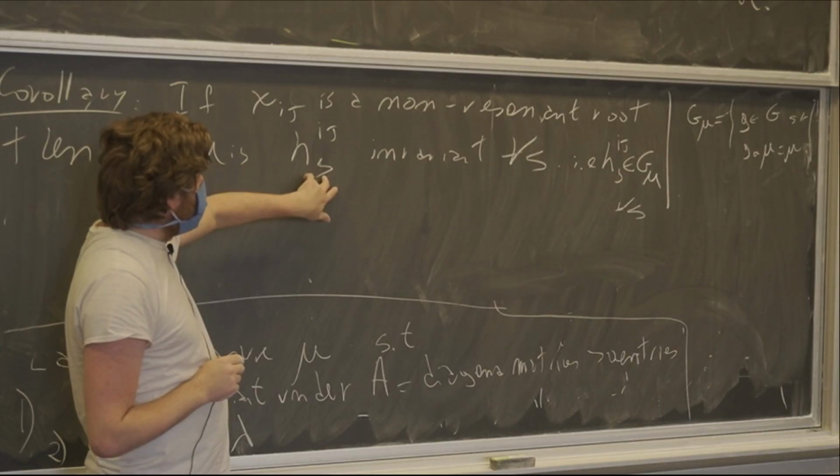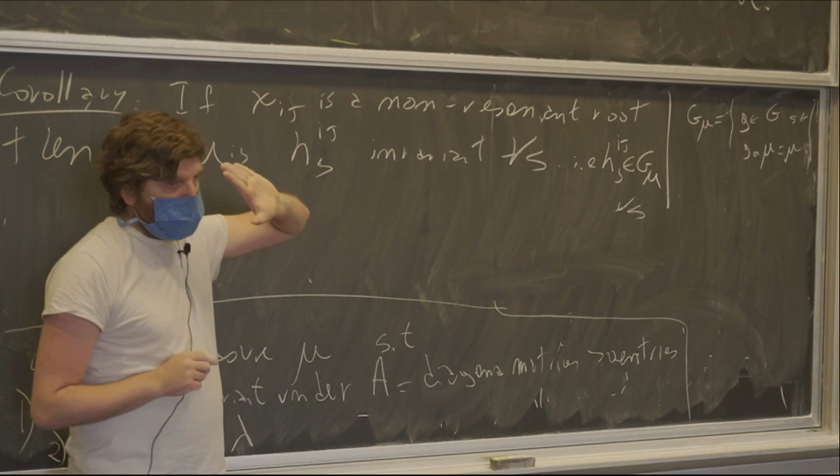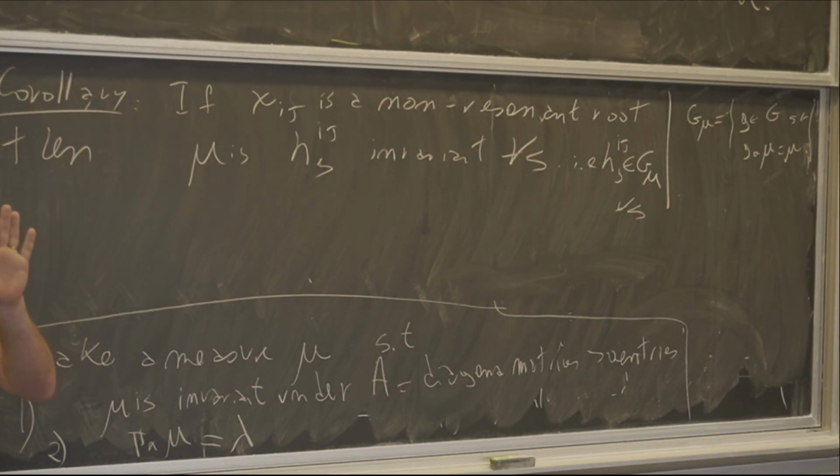So if it is non-resonant, so if I don't have any exponent in the fiber which is positively proportional to the chi ij, then the measure is invariant along this direction.